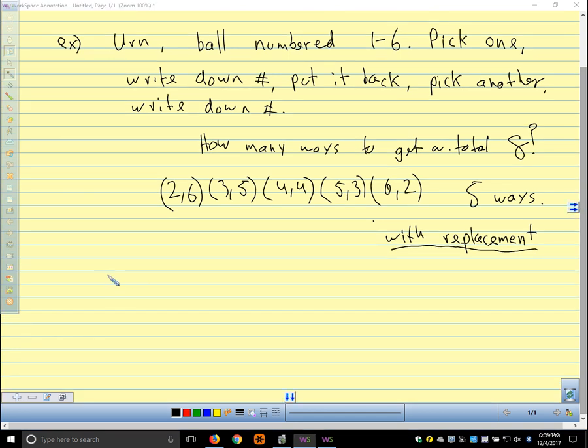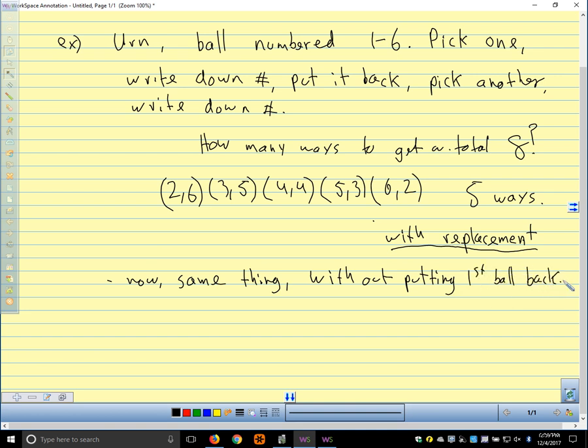All right, so now we're going to do the same thing, but we're not going to put the ball back. And we're asking the same question: how many ways can we get a total of 8?